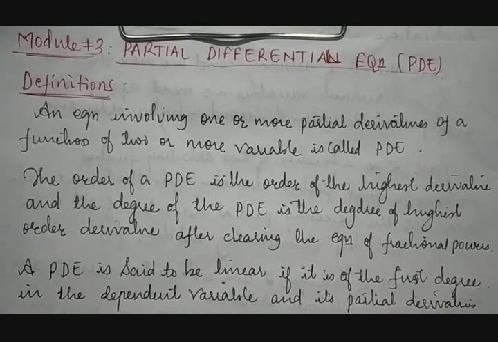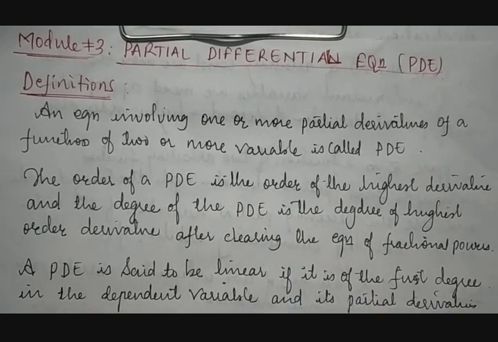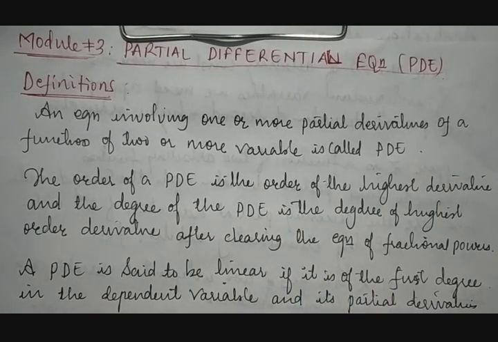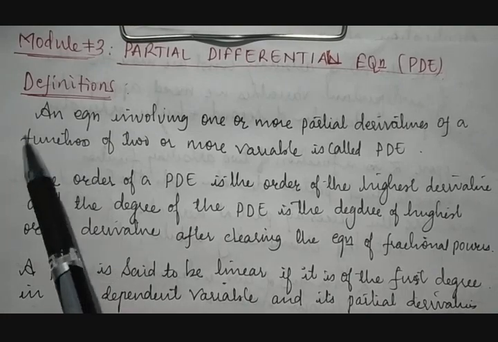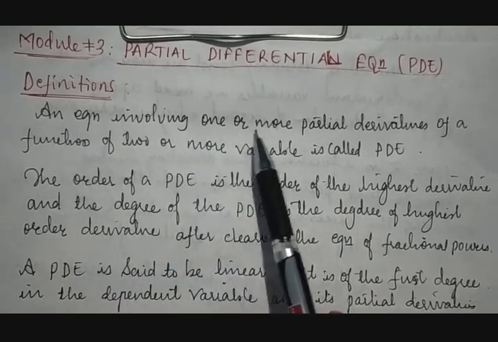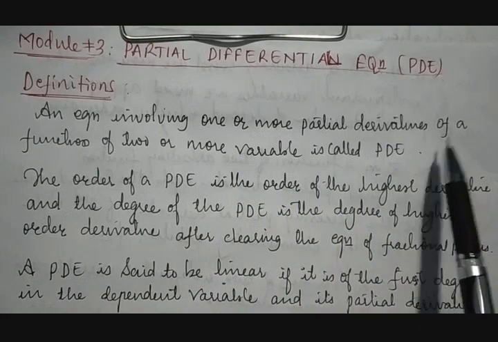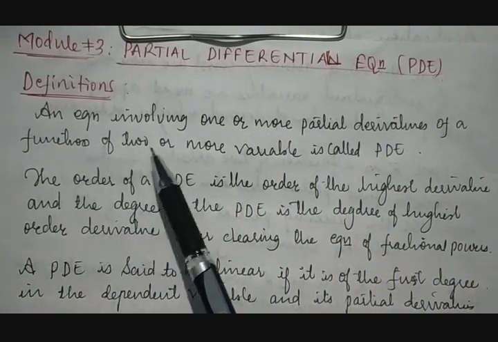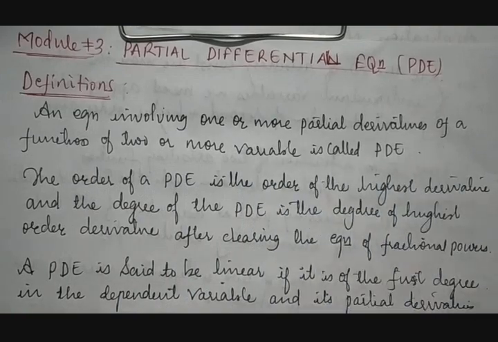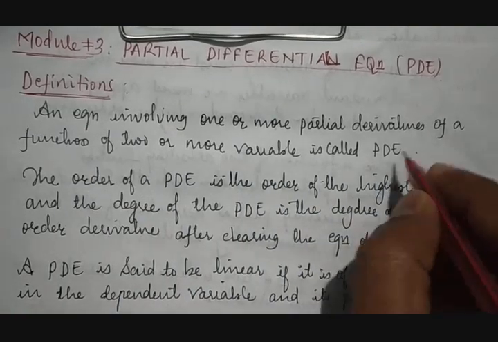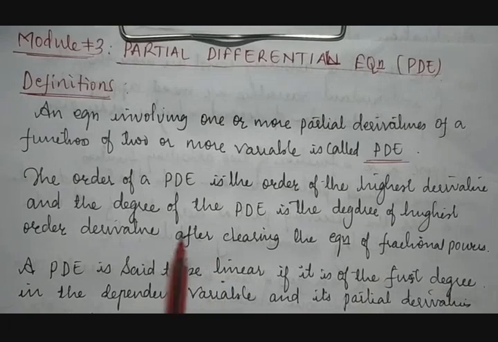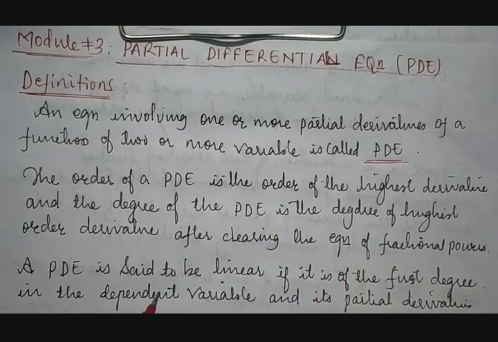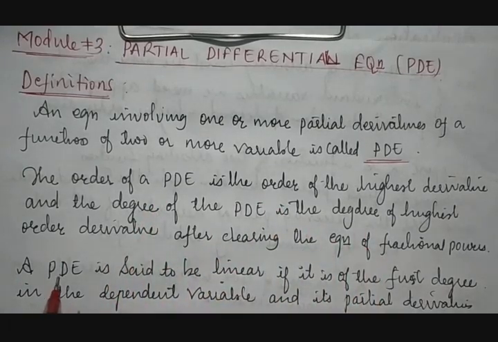Before going to the examples, first we'll try to understand the basic concepts which are required for partial differential equations. An equation involving one or more partial derivatives of a function of two or more variables is called a partial differential equation. If the equation consists of a single variable, it is called an ordinary differential equation.